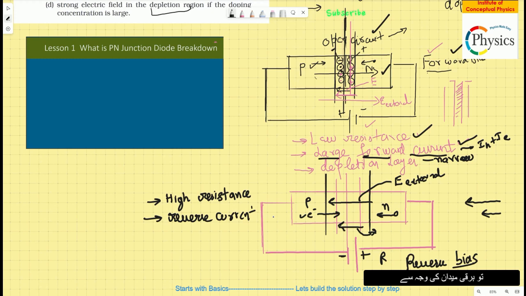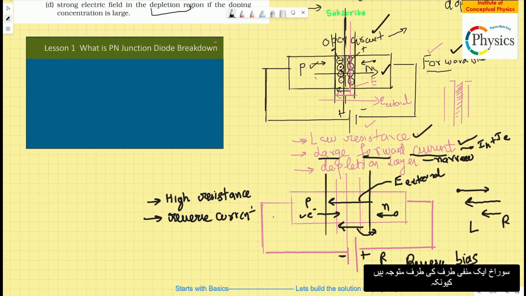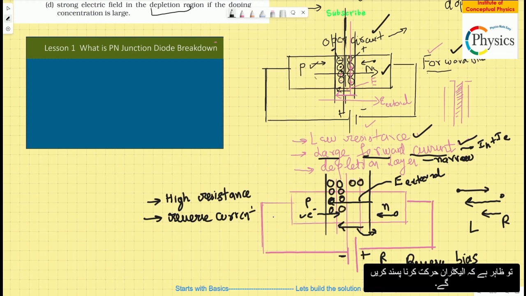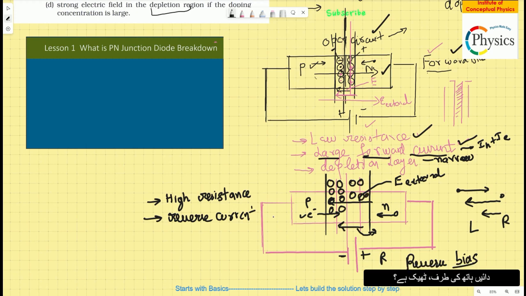So because the electric field is from right to left, the electrons are attracted towards this side, and the holes are attracted towards the negative side, because you have a lot of negative ion accumulation here, and on this side you have a lot of positive. So obviously electrons will love to move on the right hand side, and the holes would like to move towards the negative ion side, right?